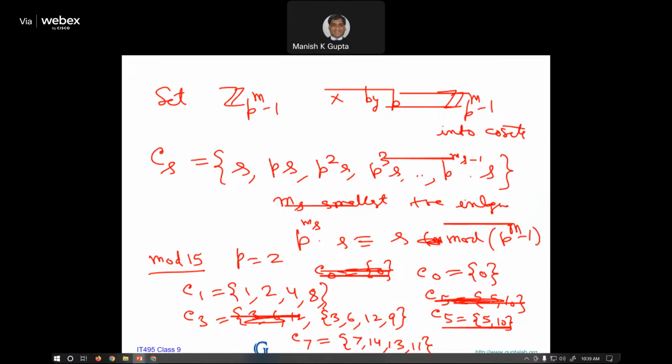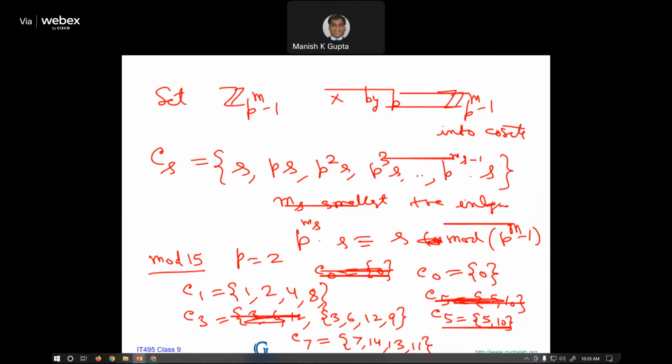So for example, here you keep on multiplying, reaching up to P raised to the power ms minus 1 times S, where ms is the smallest positive integer such that P raised to the power ms into S is equal to S. You are going back here, modulo P raised to the power m minus 1. That is the whole scenario.